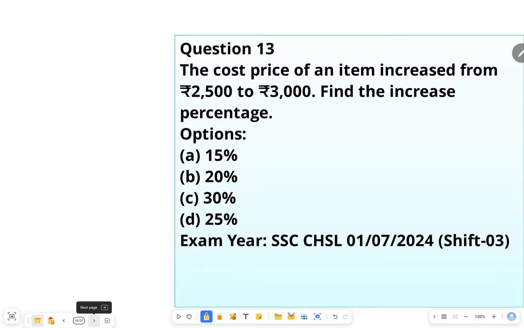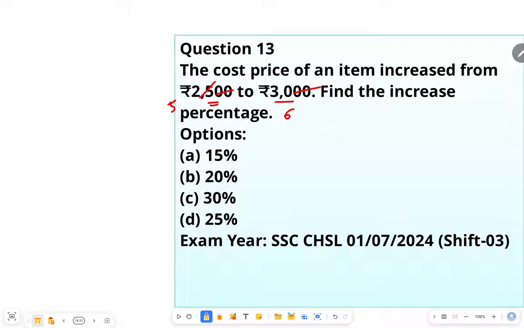Look at this. The cost price of an item increased from 2500 to 3000. Find the percentage increase, right? The same trick we can apply. We will cancel these two zeros, these two zeros, then 5 and 6 we get here.